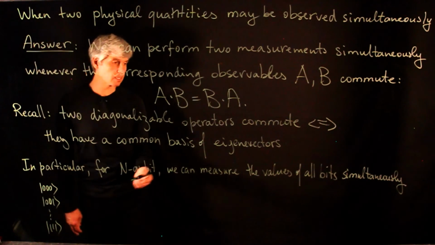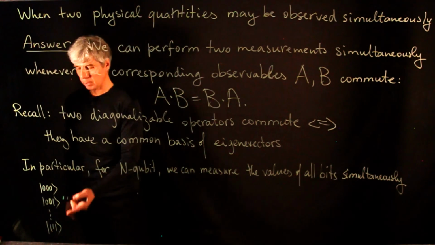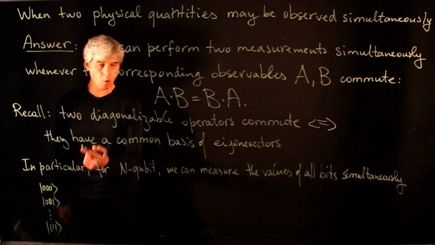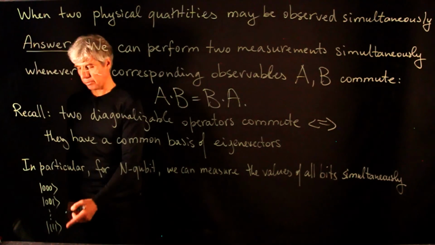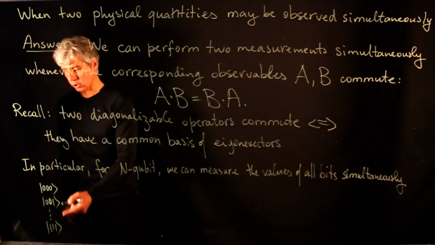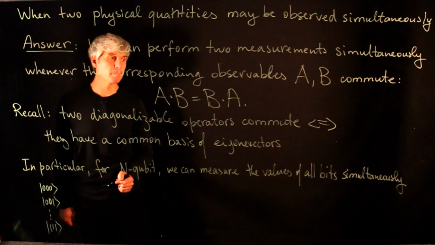So these observables that correspond to measurements of each bit will be commuting, right? Because here we see a common basis of eigenvectors for all three observables. And so this tells us that we can measure the values of all bits simultaneously.